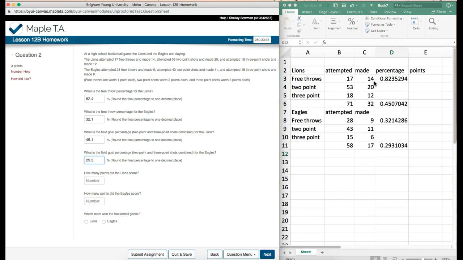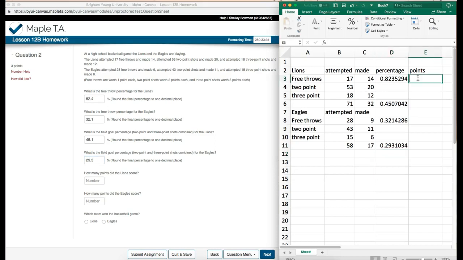The next one says, how many points did the Lions score? So over here, we're going to take how many they made and multiply it by the points that are associated with them. Free throws are worth 1 point, so their points here, 14 times 1, are just 14. The 2-point shots are going to be how many they made times the value, 2 points each.